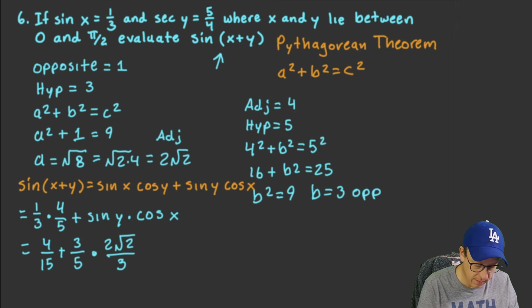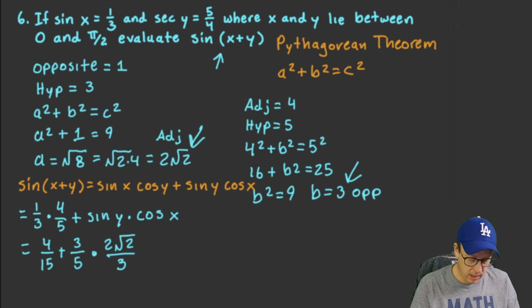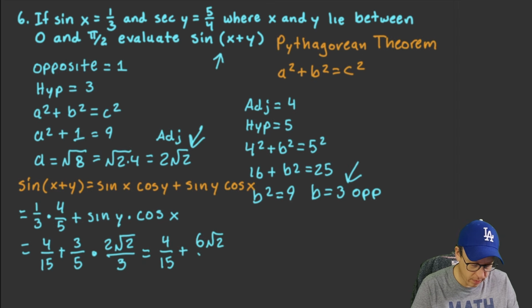I'm just taking the other values that we already calculated, these guys here and this guy right here. And this is going to end up being equal to 4 over 15 plus 6 square root of 2 over 15, which is equal to 4 plus 6 square root of 2 over 15.